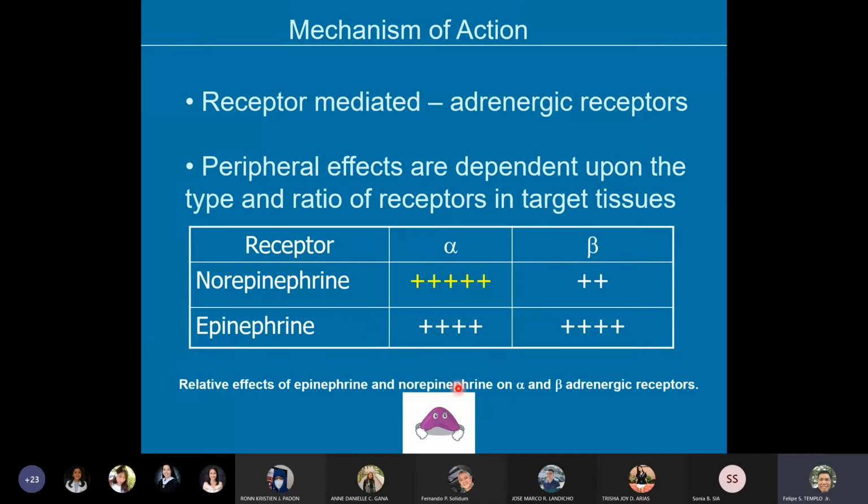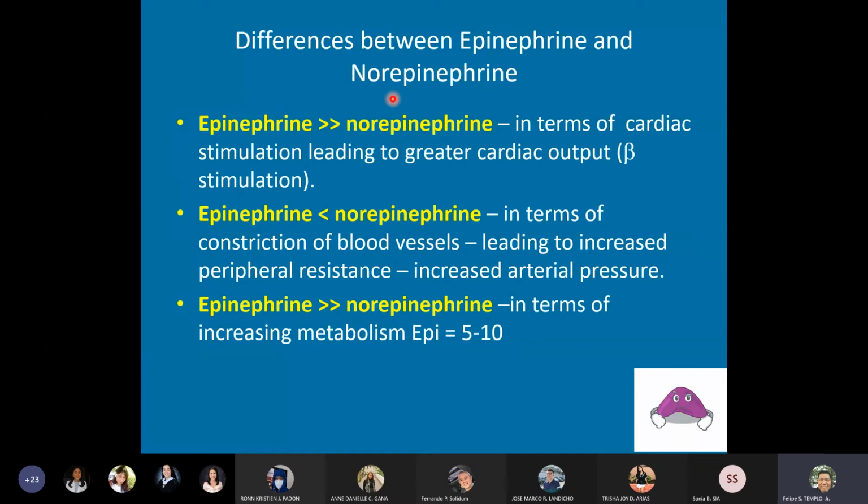So just another slide here. Basically the same, the epinephrine and norepinephrine have the same function, except that epinephrine is more potent than norepinephrine in terms of cardiac stimulation. The epinephrine is also more powerful, about 5 to 10 times. But in terms of constriction of blood vessels, the epinephrine is less, because norepinephrine is more present in blood vessels.